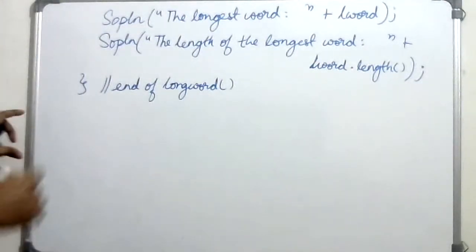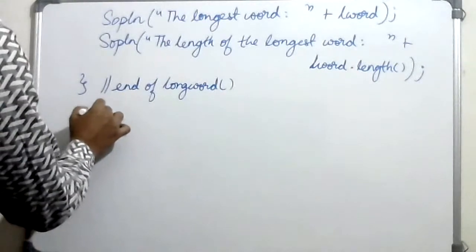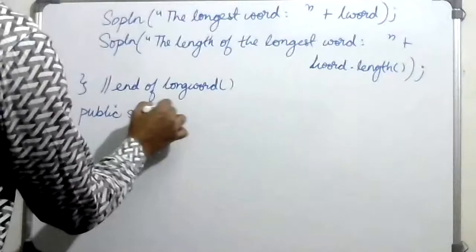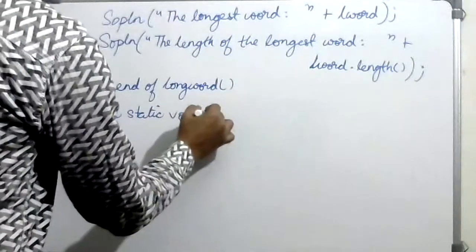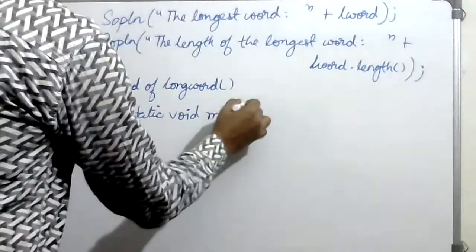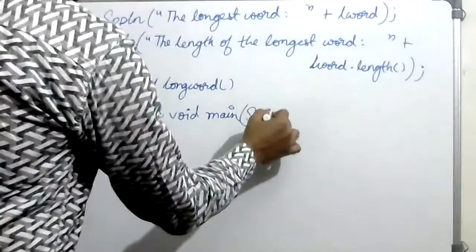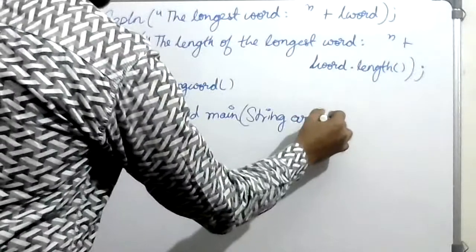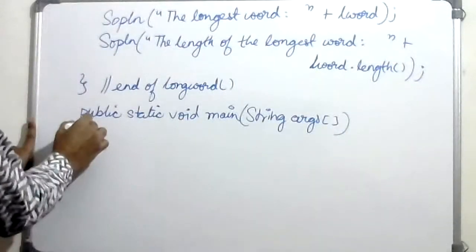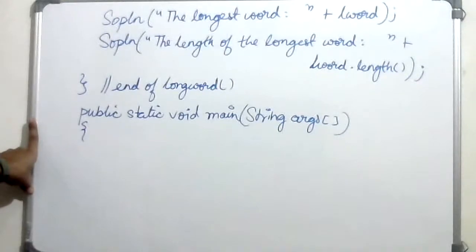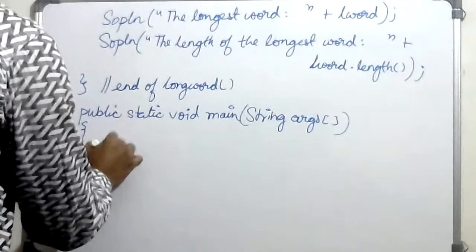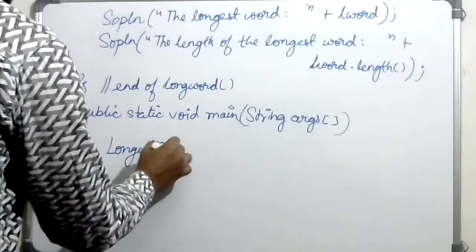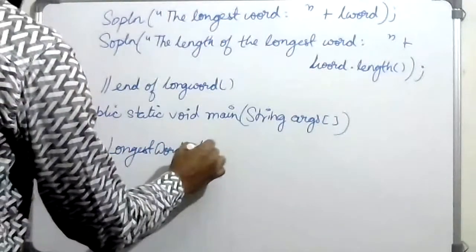Now we'll have the main method. Public static void main, the usual definition. Inside main, we'll just define an object. The class was called LongestWord. obj is the object name.